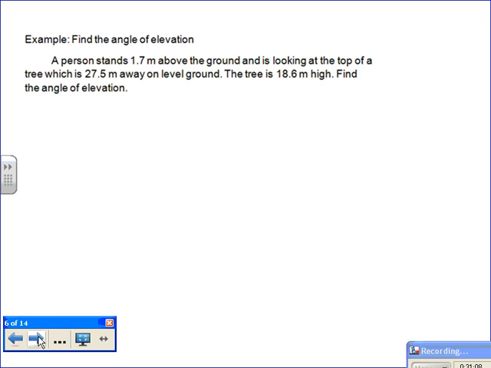Let's start off by drawing ourselves a diagram. That's the first thing I need to do. Let's break it down piece by piece. The person stands 1.7 meters above the ground. So let's draw the ground first of all. Ground is a horizontal line.